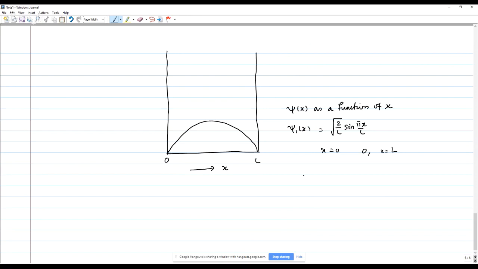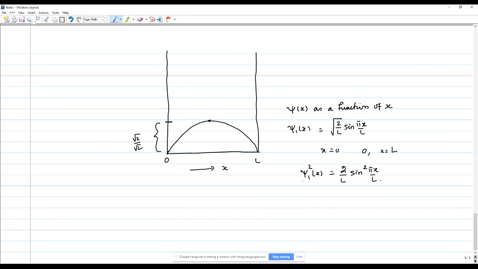What is the square of the sine graph? Psi 1 square of x. Sorry, it's not root 2, it's 2 by L sine square pi x by L. Okay? So this height for the sine wave function is the maximum amplitude. So this is root 2 by L, root 2 by root L. If you have to plot this using sine square, let me use a different color. Okay?